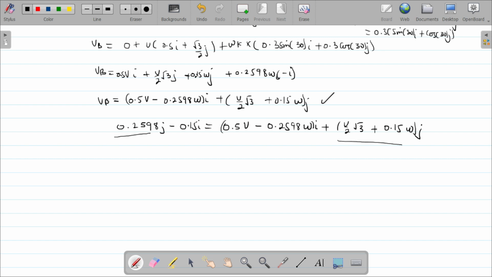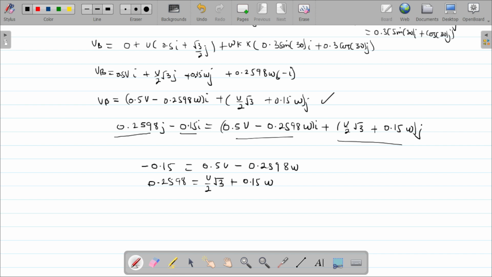Okay, so from here we can say that the j on the left is equal to the j on the right, and the i on the left is equal to the i on the right. So negative 0.15 is equal to 0.5 v minus 0.2598 omega, and 0.2598 is equal to v out of 2 root 3 plus 0.15 omega.